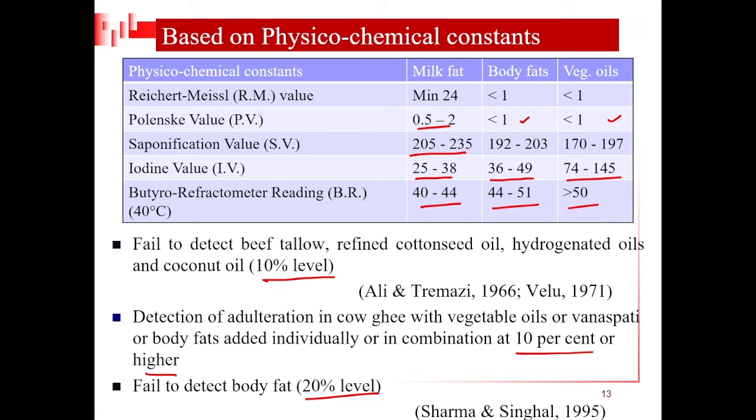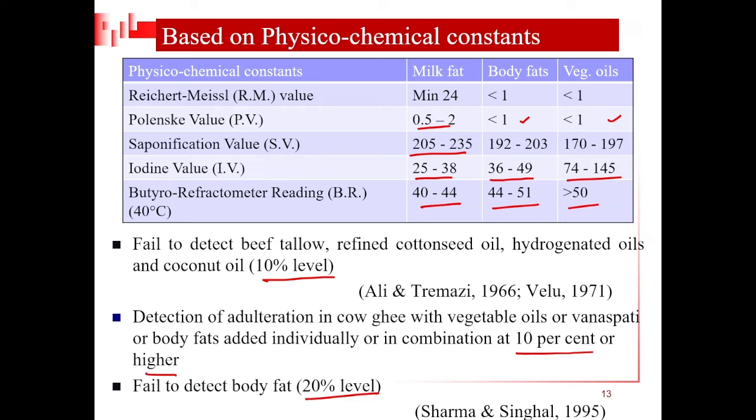If we are adding body fats and vegetable oils to milk fat, then obviously the RM value will decrease, the Bronsky value will decrease, the saponification value will decrease, and the iodine value will depend on the type of animal or vegetable fat. Again, the BR reading becomes problematic if we add both, because the adulterators, unscrupulous people, add them in a way to maintain the ratio of saturation and unsaturation in ghee.